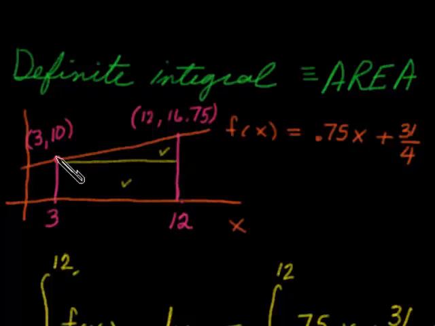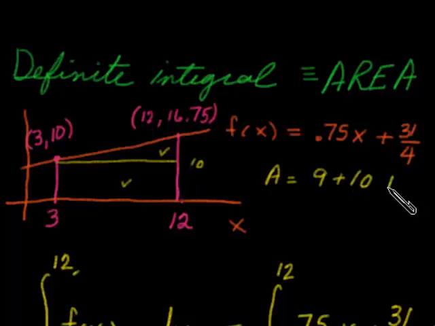And so I see that this is 10, so this horizontal line would go to 10, and the area is equal to the area of the rectangle. It's going to be 3 to 12, or 9 units wide, times 10 units tall.